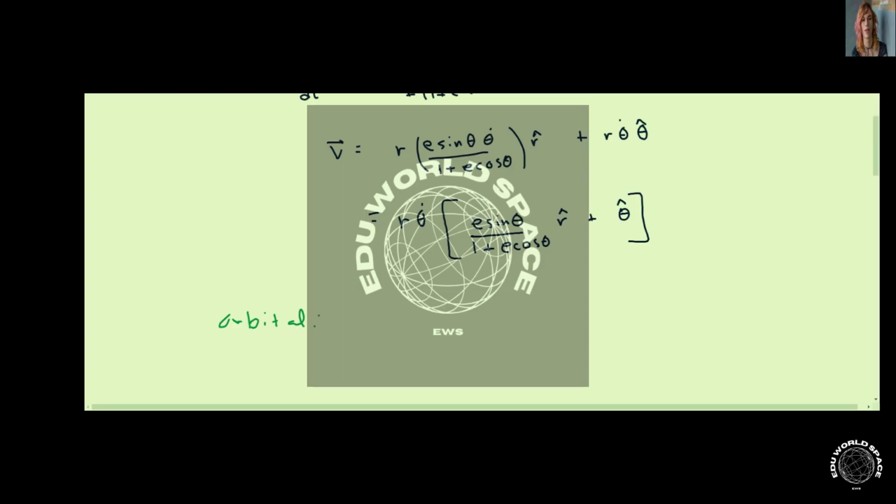And what we know is by definition, the angular momentum is equal to r cross p, but we have just the r and the tangential velocity involved in that. So those are perpendicular to each other. Mu, by the way, is what's called the reduced mass, just to remind you.